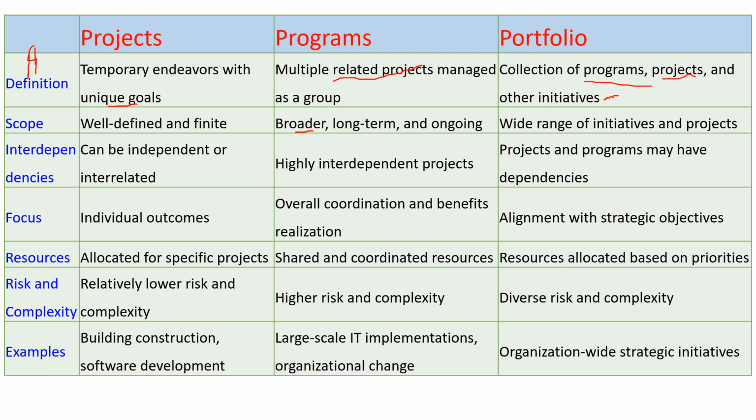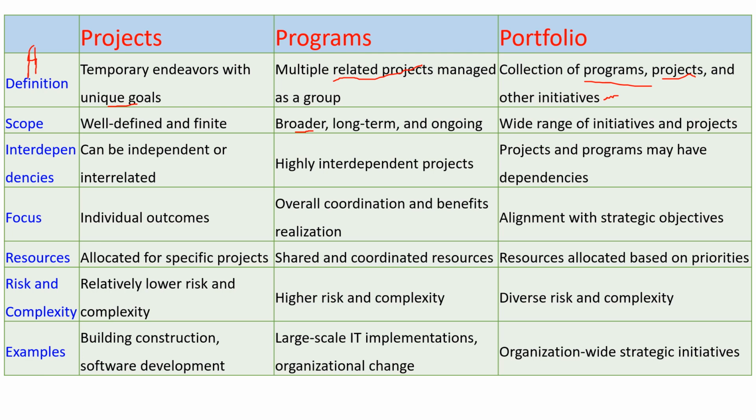When we see interdependencies, a project is independent actually, because here we are talking about a single project, but for programs there are highly interrelated projects. For a portfolio, projects and programs may or may not have dependencies.